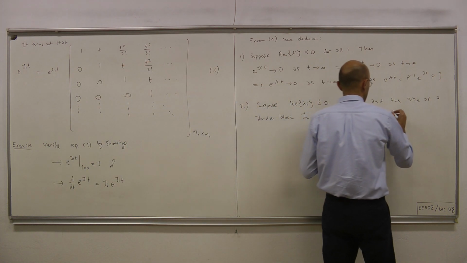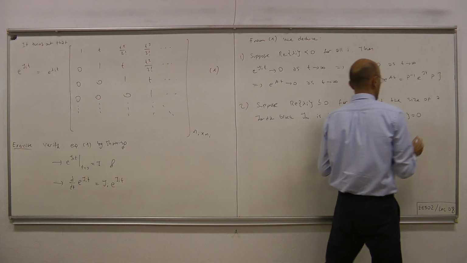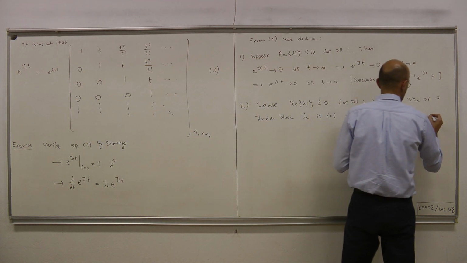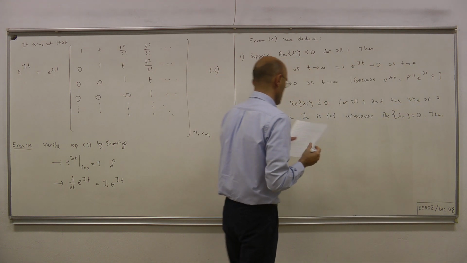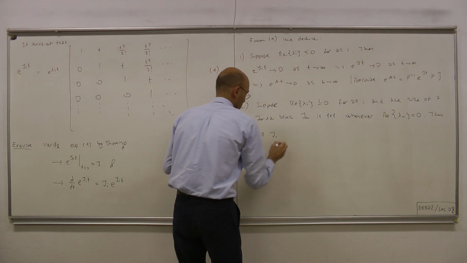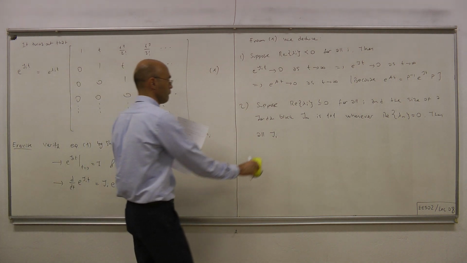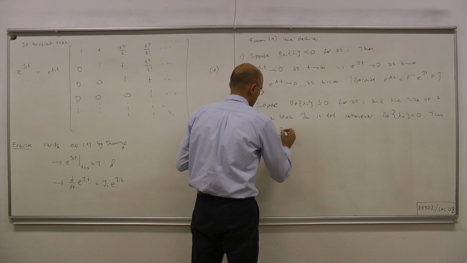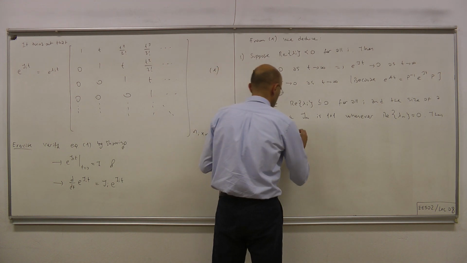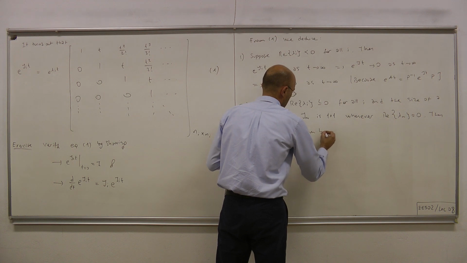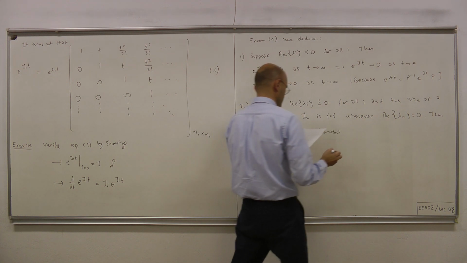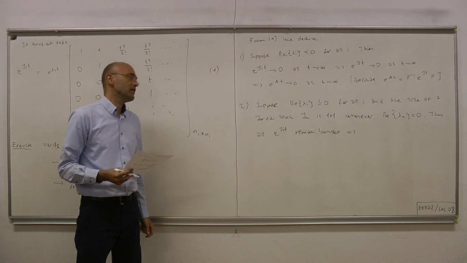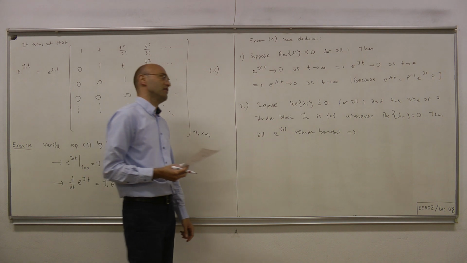In other words, when the real part of lambda_n equals 0. Then all e to the J_i t remain bounded. And as a result, e to the Jt remains bounded, and as a result, e to the At remains bounded.